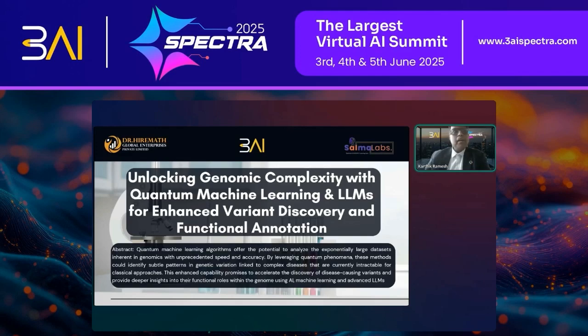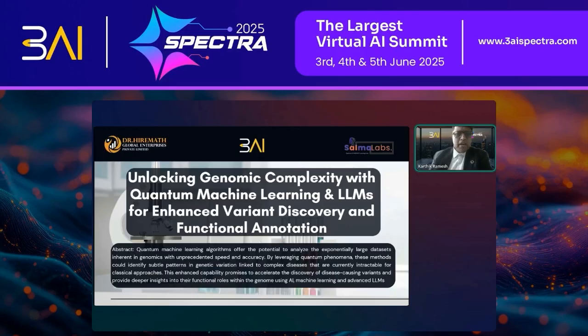And you can mutate a particular disease. You can send in a good virus, within quotes, which we call a vector virus. And gene editing, gene therapy is very, very expensive in India today. So our goal through our company, IVB, along with Dr. Hiranmath Global Enterprises, is to make this affordable and accessible, as well as scalable, through the use of the computing power of AI and ML.